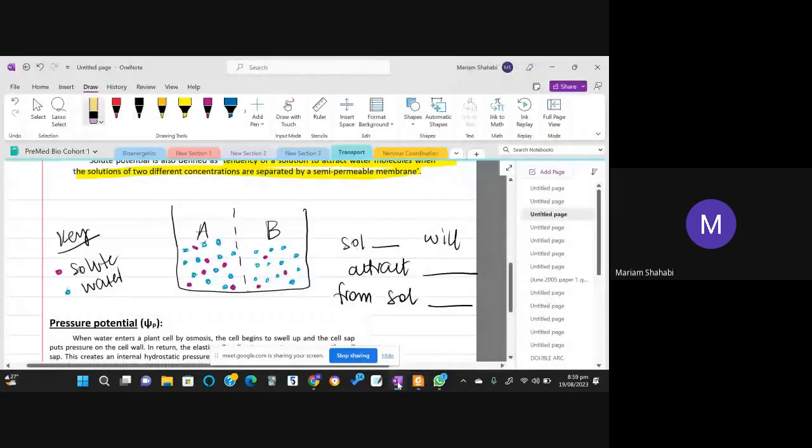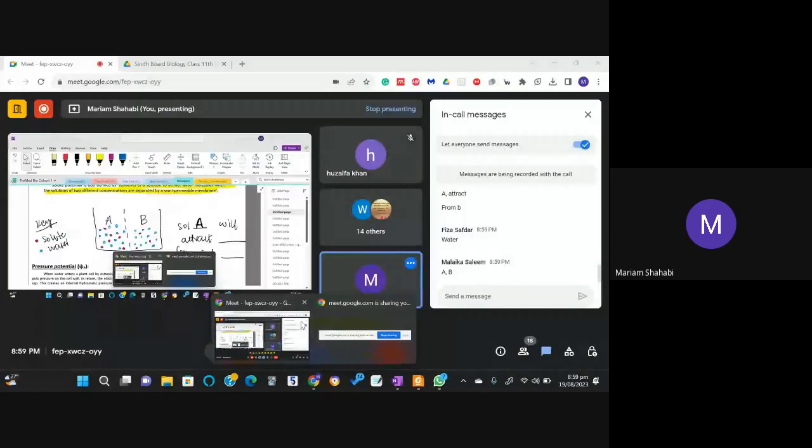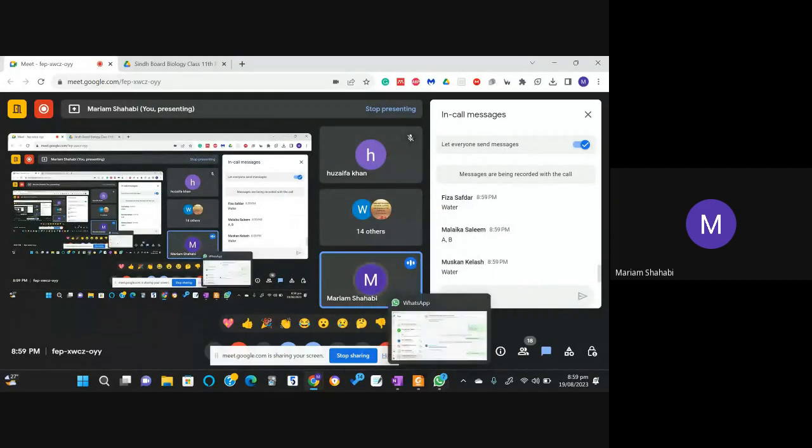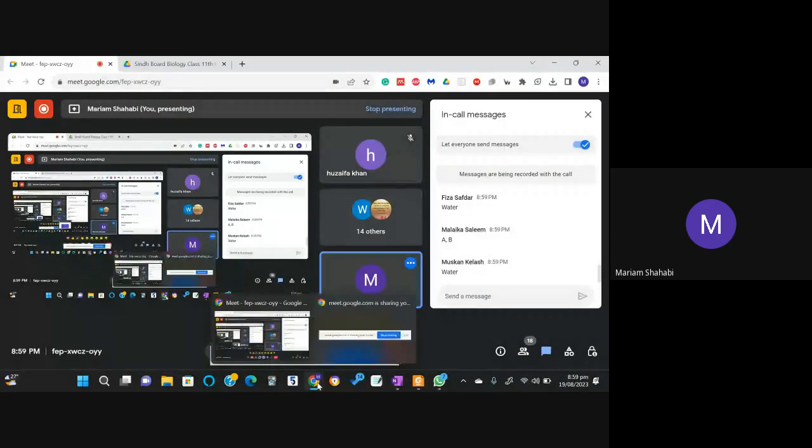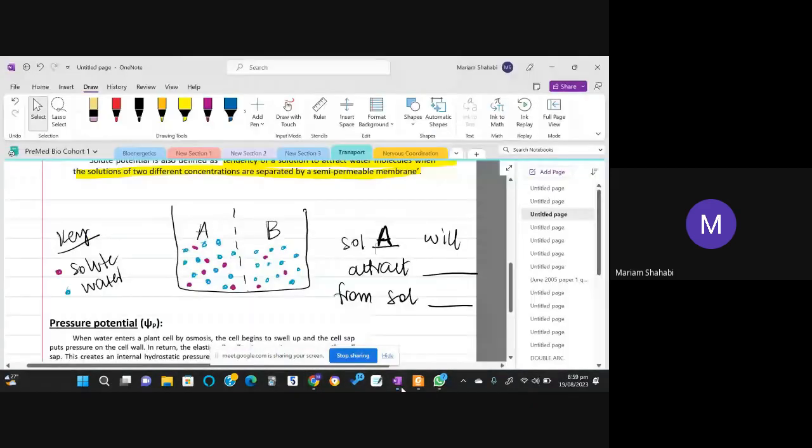So you're saying A will attract. Yes, you're right. A will attract water from solution B. So solution A will attract water from solution B.